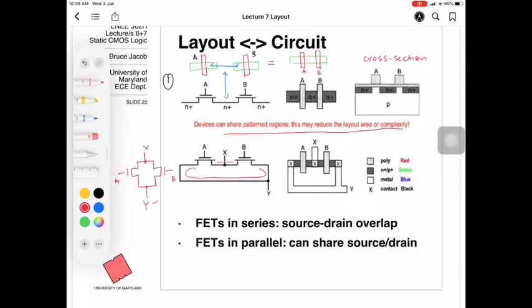So this connection here is Y, and this connection is X. When you draw them out, you put them side by side like this, A and B, and you put the metal connection here, and they have another metal connection. This is for X and this is for Y.